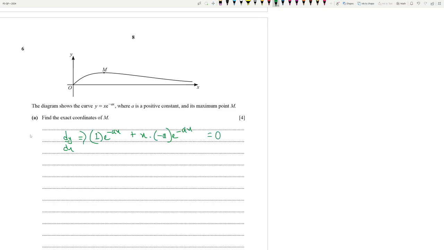Just equate it with 0. Now we can take e to the power minus ax common, so we end up with 1 minus ax. This is not solvable, so we get ax equals 1, x equals 1 by a.